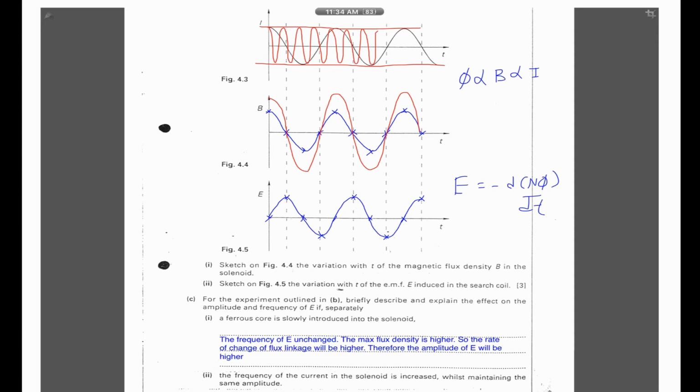So the next part of the answer: the rate of change of flux linkage is higher, so the amplitude of E will increase.